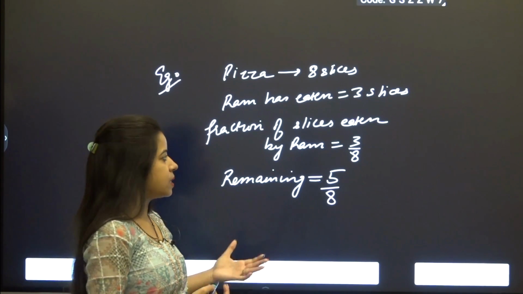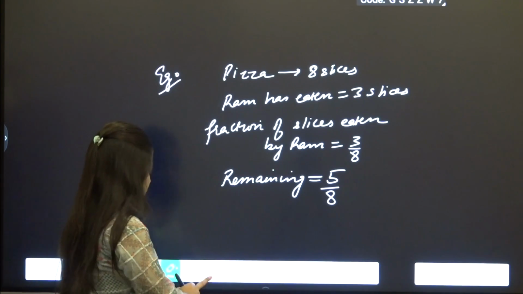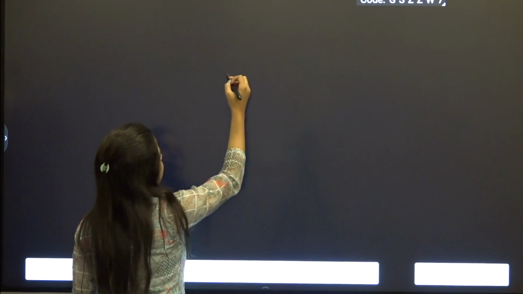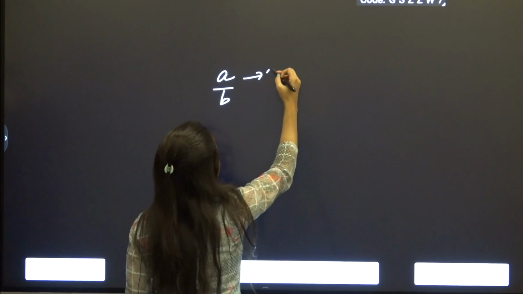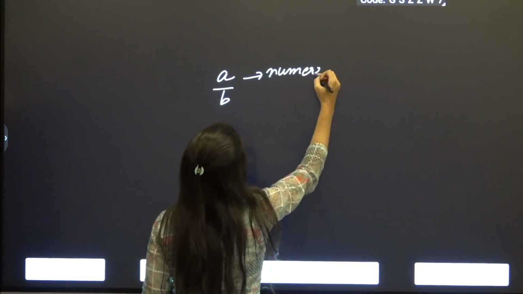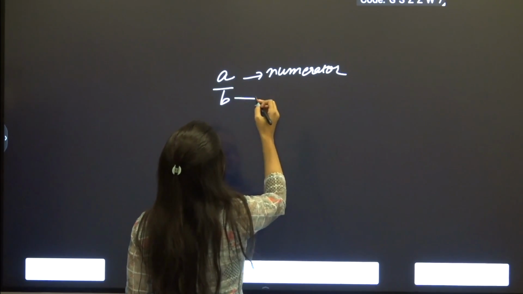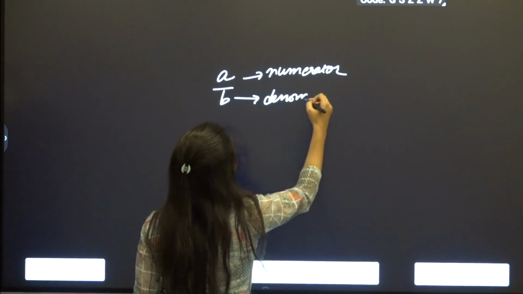So basically we can see that a fraction is of the form a by b, where a is the numerator and b is called the denominator.